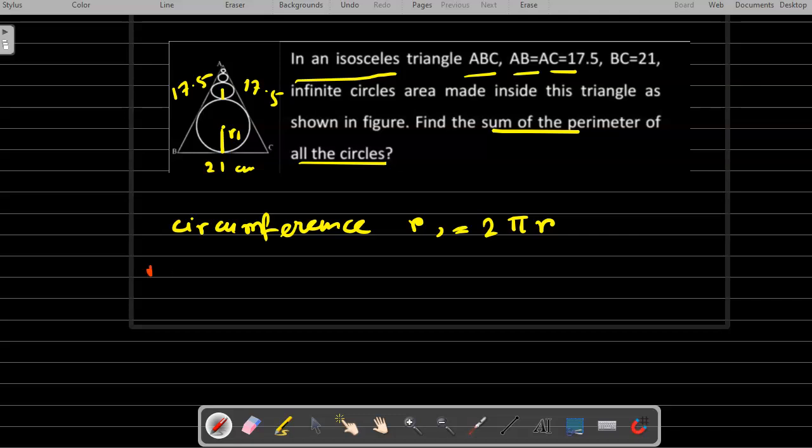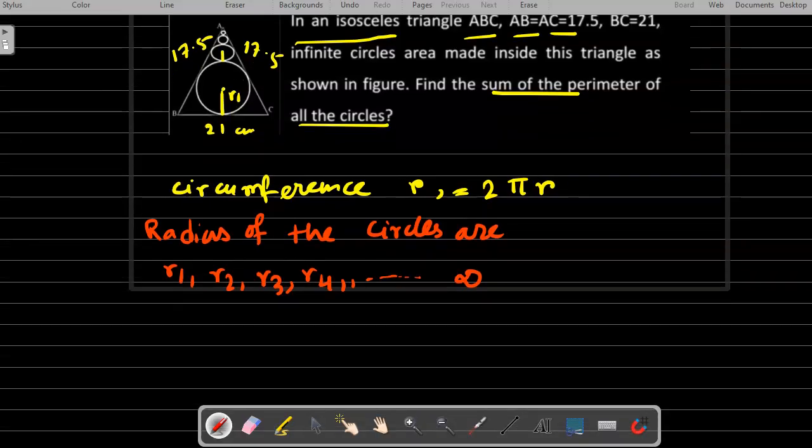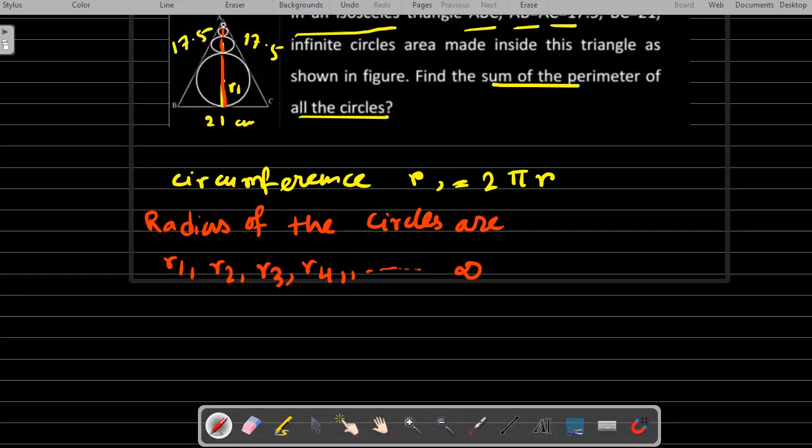So the radii of the circles are r1, r2, r3, r4, and like that up to infinity, because there are infinitely many circles. Now what is this? This is the diameter of this circle, so this is 2r1. Now what is this? This is 2r2. What is this? This is 2r3.